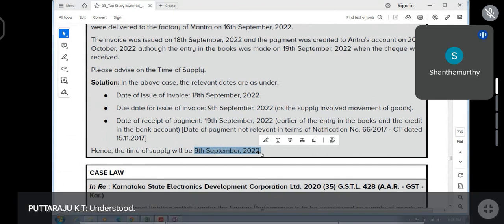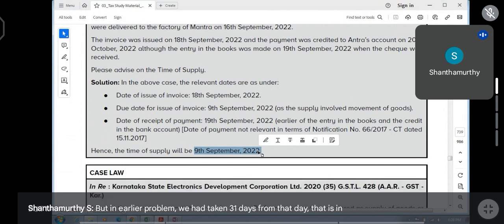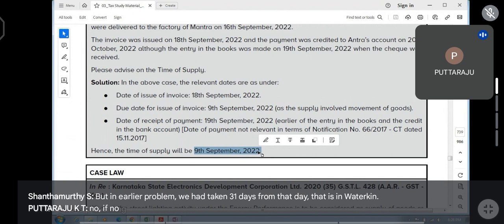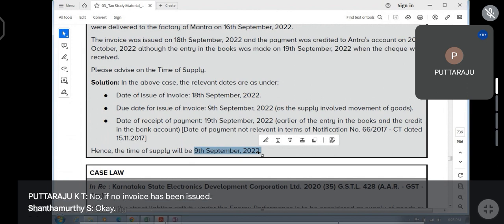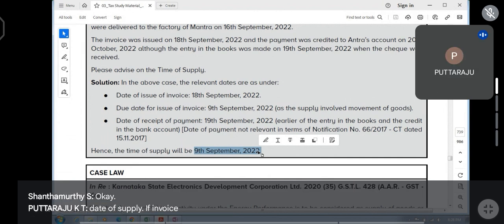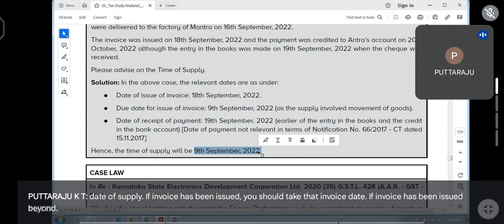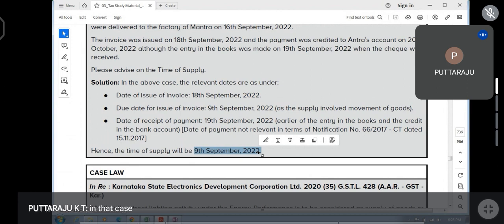But in the earlier problem, we had taken 31 days from that date, no? That is when no invoice has been issued: you should issue within 30 days from the date of supply. If an invoice has been issued, you should take that invoice date. If the invoice has been issued beyond 31 days, in that case also you take when it has been issued.